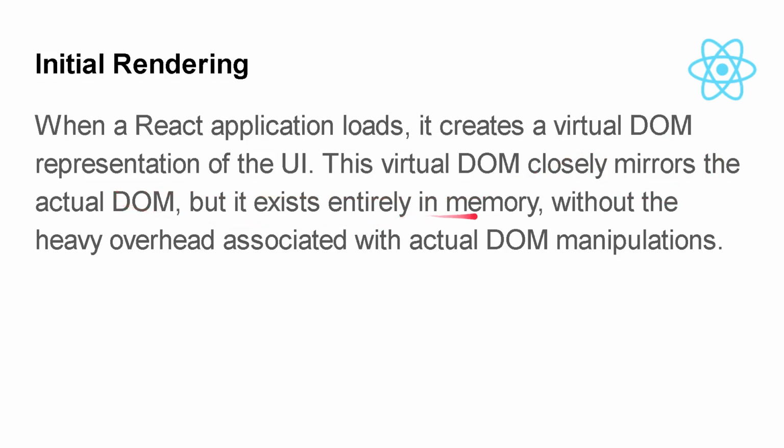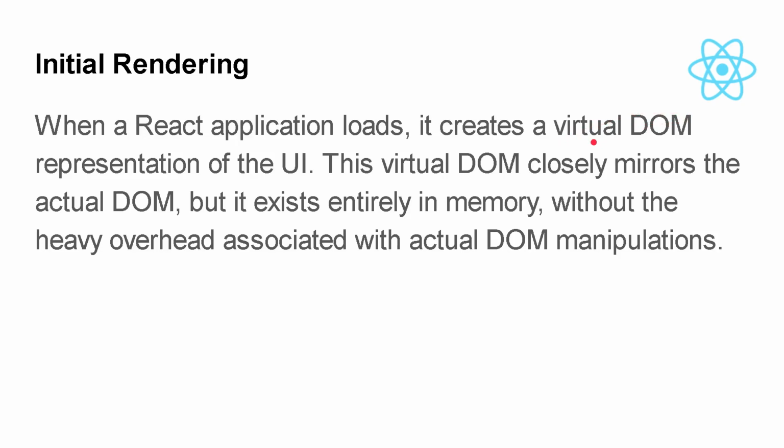And because it's only in memory, not worried about what's being displayed on the screen and what image buffers it has to hold, it avoids the overhead, and pages don't get sluggish when you have a lot of complex things happening on them. So your document object model in React is the virtual document object model.